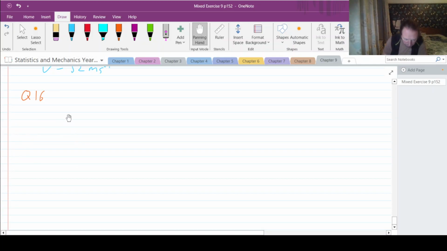Okay, so we have the car coming down here, and it is at this point doing 34 meters a second.